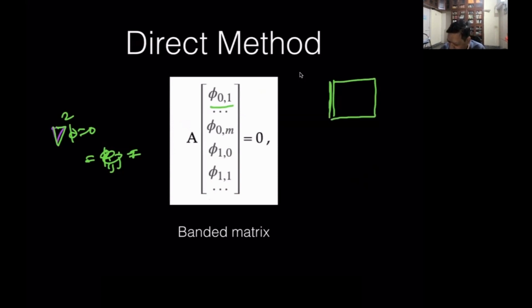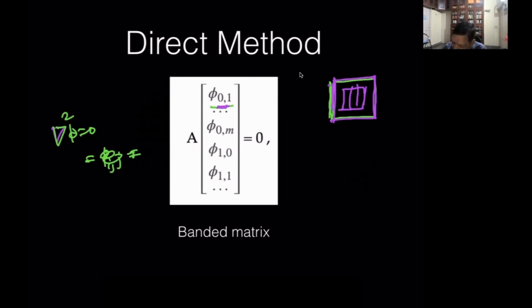The values at the edges are given to you, so they are not variables. Don't solve for them. You solve for phi at the grid points inside. So I don't start with phi 0, 0.